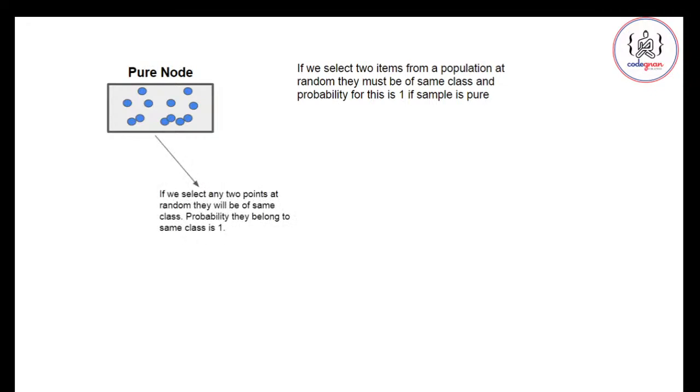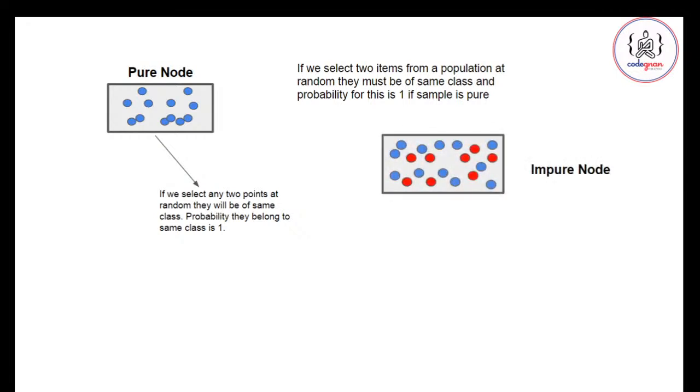If we select any 2 points at random, they will be of the same class, and the probability that they belong to the same class is 1 because our node is pure. And here I have some impure nodes. Here we have blue circles as well as red circles, so we have introduced some impurity.